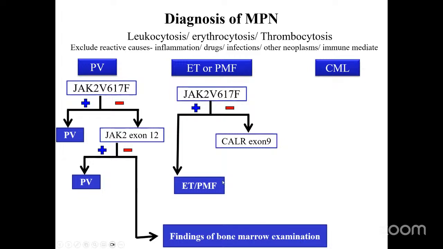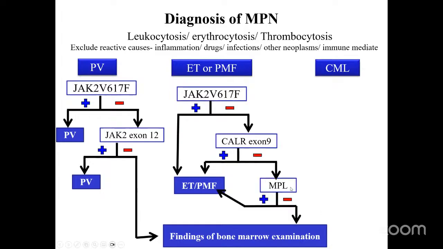If that's negative, you do a CALR exon 9 mutation analysis. And if that is negative, then you do an MPL assay. And again, you could have a triple negative ET or a PMF, more so a PMF. And that is where a more comprehensive testing helps.